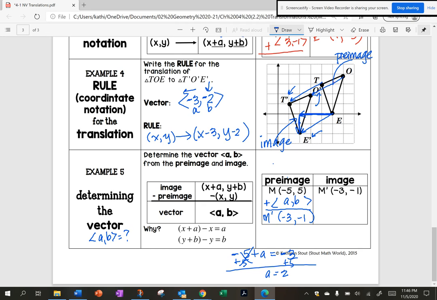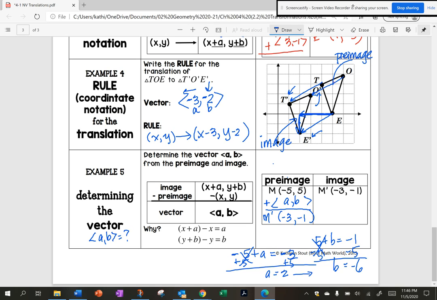So I know my vector a equals 2. And I'm going to do the same thing with the b value. So I know I am going to add 5 plus b equals -1. So if I subtract 5 from both sides, I get b equals -6.